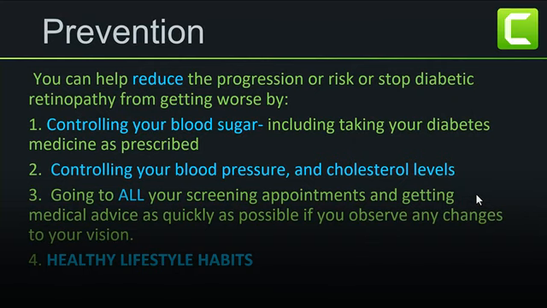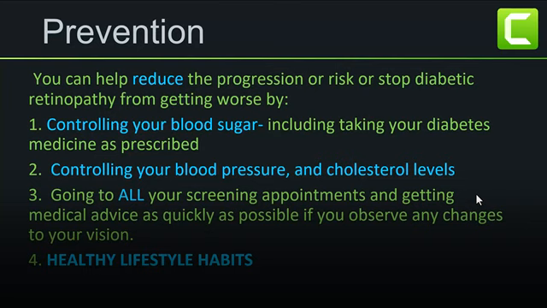How to prevent diabetic retinopathy? Well, you can help reduce the progression or risk or stop diabetic retinopathy from getting worse by, 1, controlling your blood sugar levels, including taking your diabetes medication as prescribed. 2, controlling your blood pressure levels and your cholesterol levels. 3, going to all the screening appointments and getting medical advice as quickly as possible if you notice any changes in your vision.